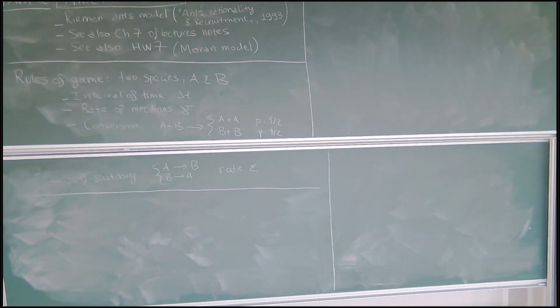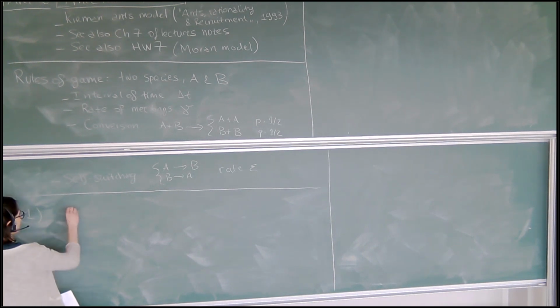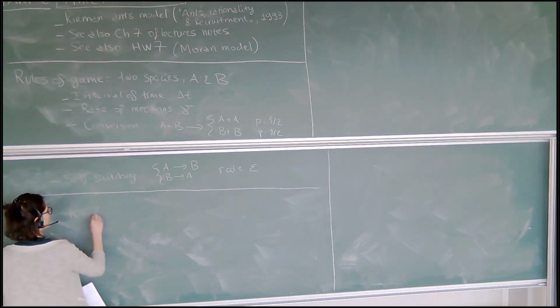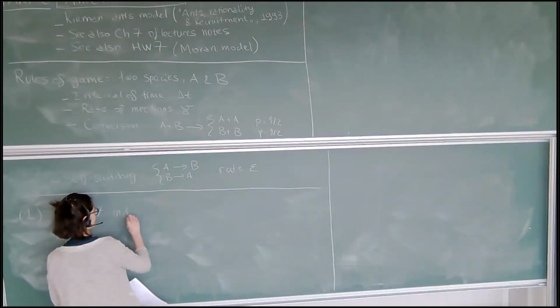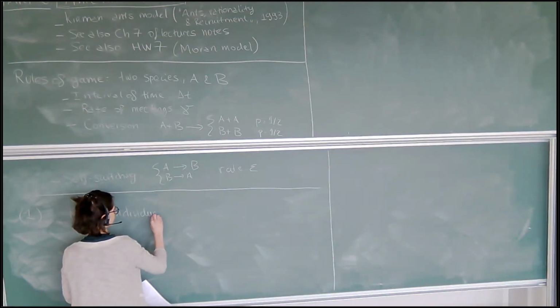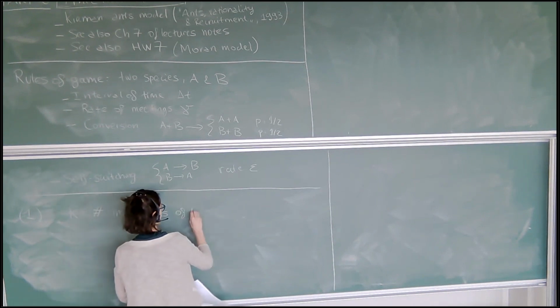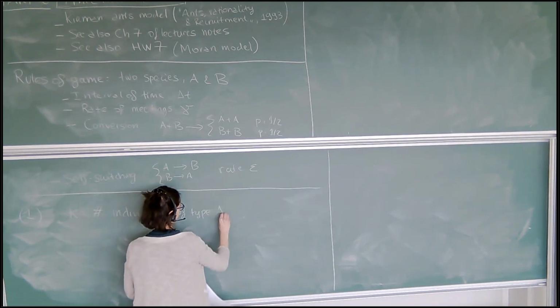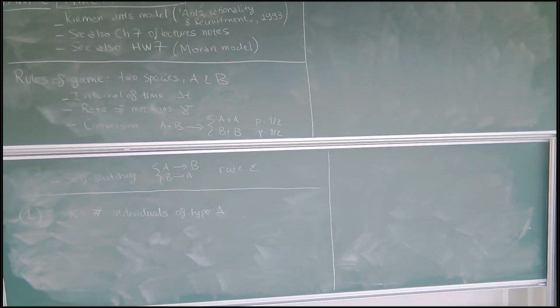So point 1 allows us to understand a little bit better what I wrote here. The idea is now to describe this process in terms of transition rates. So let me fix one type, let's choose type A, and let me introduce a variable k. k will be just the number of individuals of type A out of n.